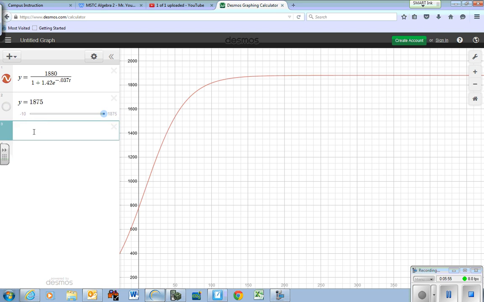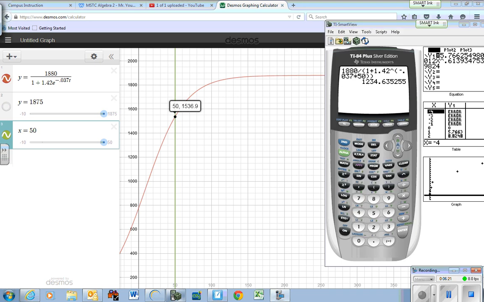Let's add in, just to confirm that last one, that question was what happens at time equals 50 years. So let's add in x is 50. You can do these things in your graphing calculator, but this picture might be a little better than your graphing calculator picture. And something has gone wrong. Just a second. Aha, I found it.